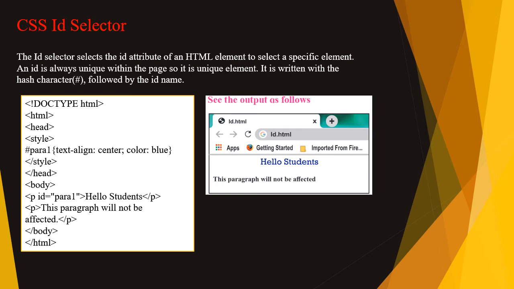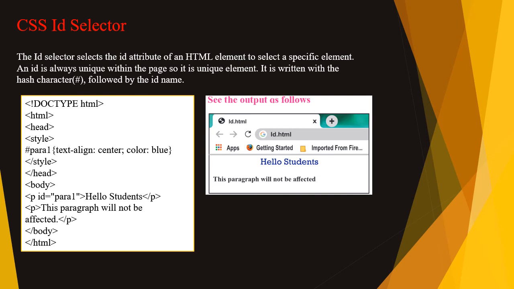And next is the paragraph. This paragraph is as usual with its default style, that is black color and left alignment. But if we use para1 with the other p tag, then this sentence will be displayed in center with blue color.